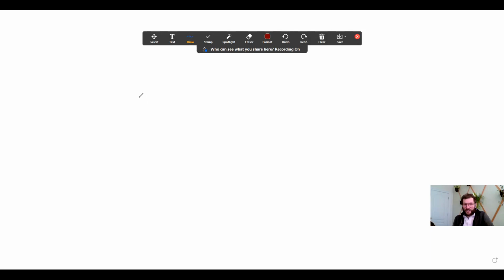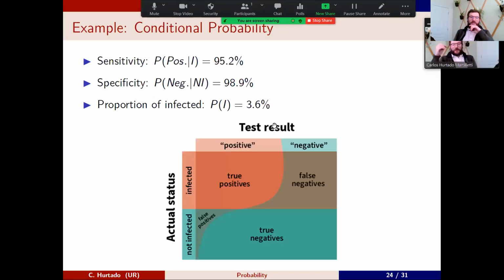So we're going to say, in general, the probability of A given B equals the probability of A and B, intersection, over the probability of B. Right? So we are going to be using this formula over and over again to go over the example.